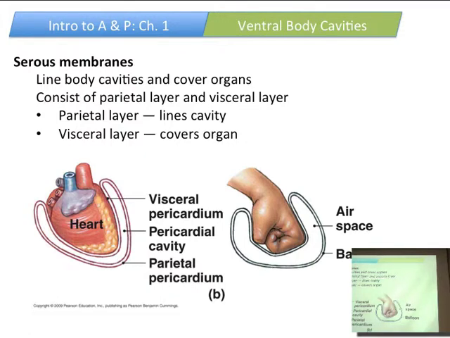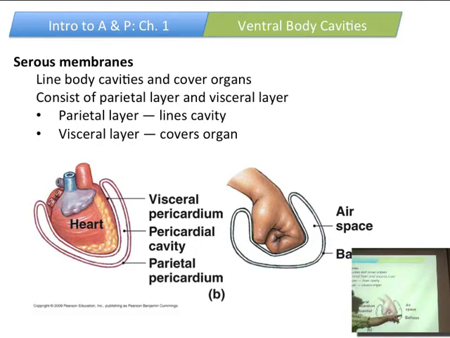So imagine a balloon that is kind of not fully filled up. And you can stick your hand into that balloon. The rubber in the balloon that is contacting your hand, if your hand was a heart, would be the visceral pericardium.